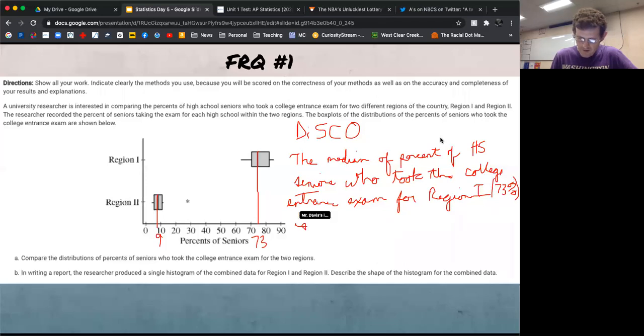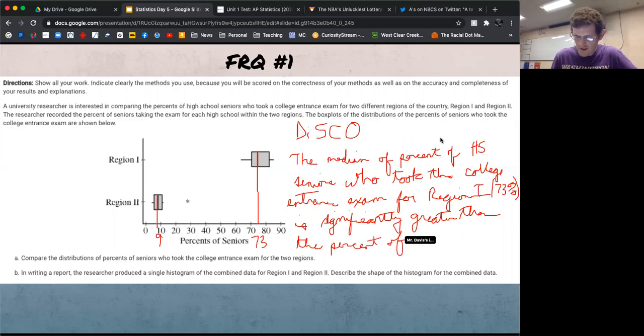is significantly greater than the percent of seniors who did the same.